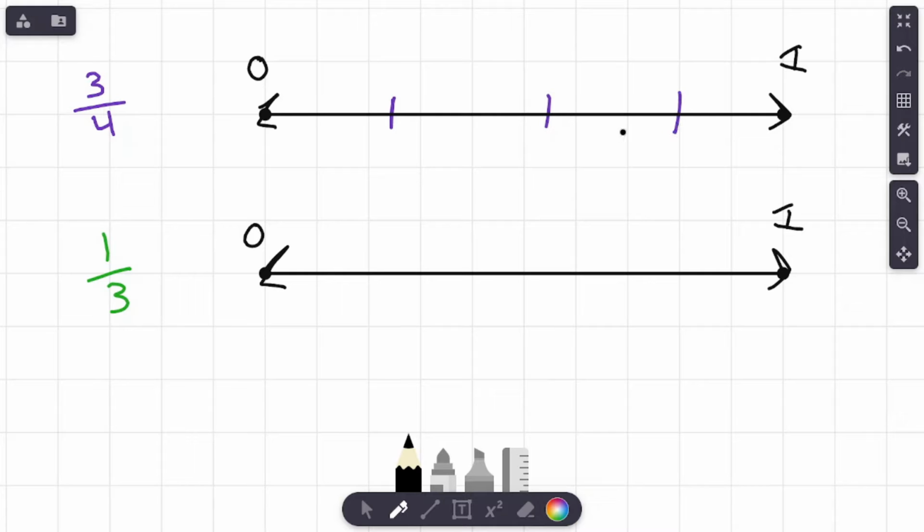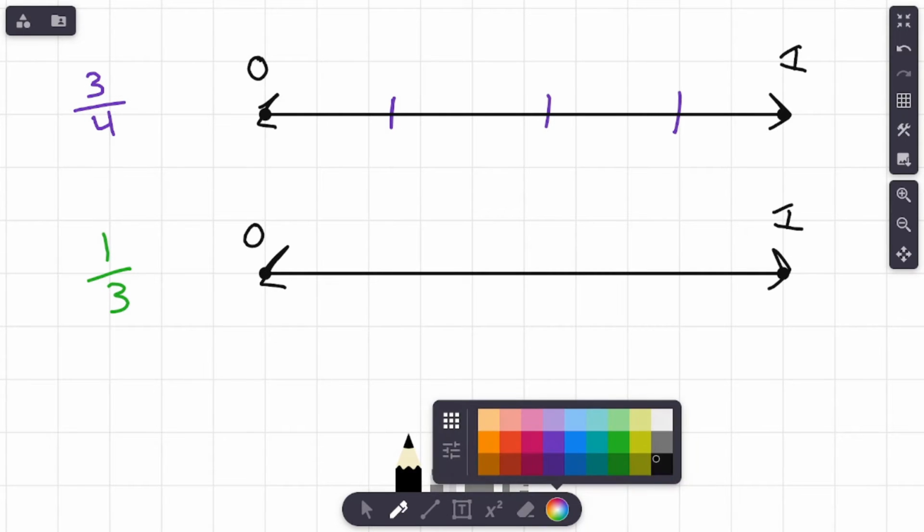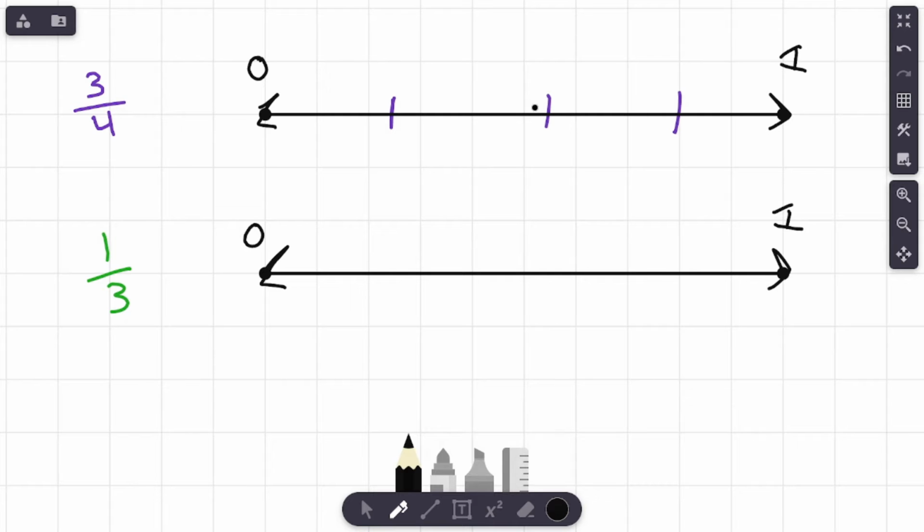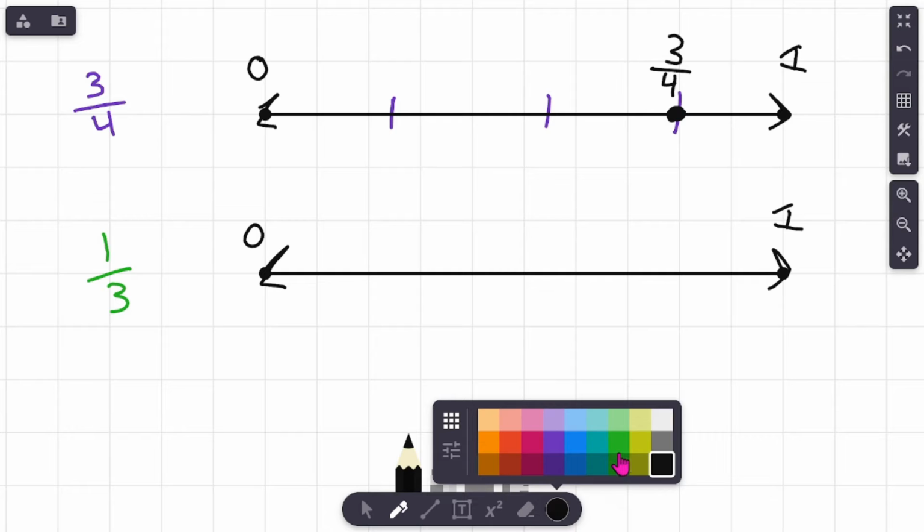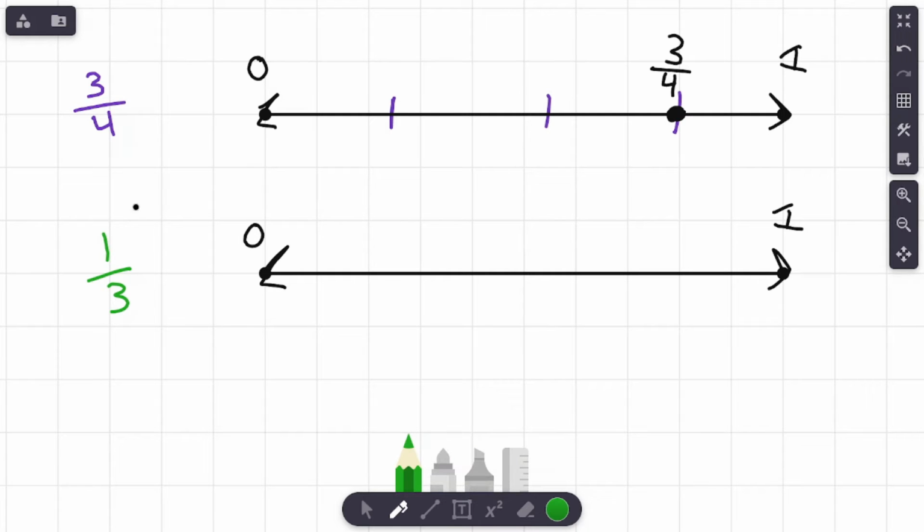There we go, it's a little bit better. All right, so I've got 1, 2, 3, 4. How many of these equal sections are we going to represent? Well, we're going to represent 3/4. So here we go. 1, 2, 3. Put a dot here. This is going to represent 3/4.